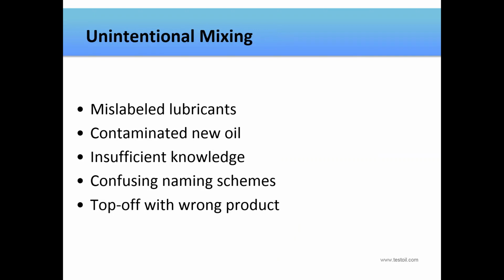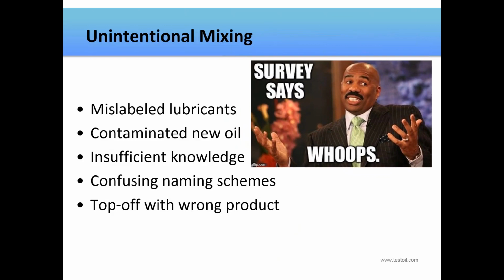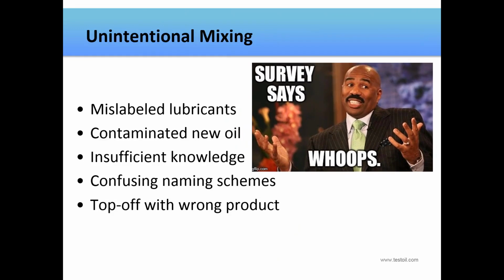So when we have inadvertent or unintentional mixing, it can really occur for a number of reasons. The most common reasons are really that there are mislabeled lubricants within the plant. There can be contaminated new oil potentially, or it can be related to insufficiently trained personnel or topping off with a different product that maybe has a similar naming scheme to what typically goes in the system.